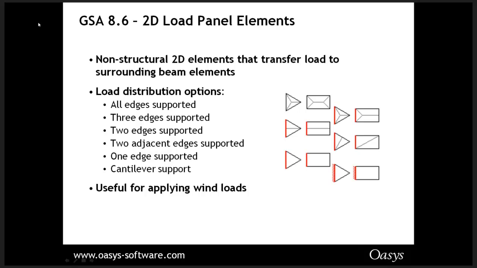And all those are defined as part of the properties for a load panel element. So in the element properties, you just select the element type to be a load panel, and these options are available to you. And this has really been developed for things like applying wind loads, where you want to apply a load which you've got defined over the face of a building.